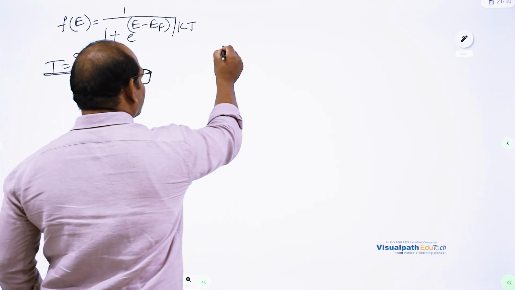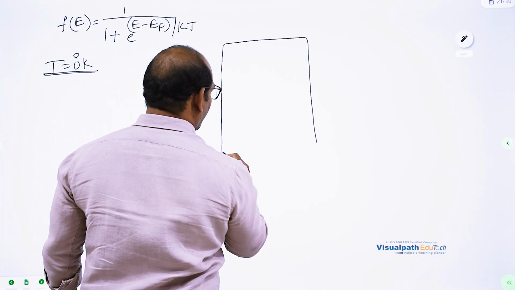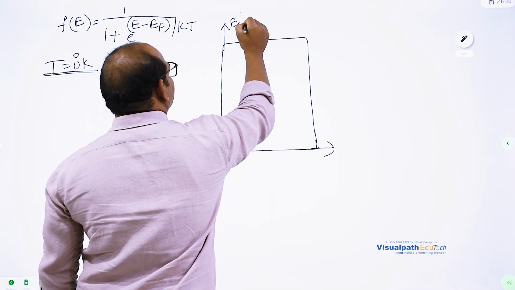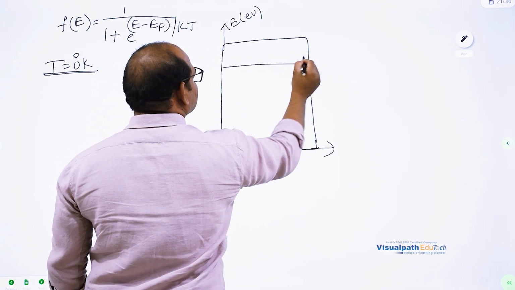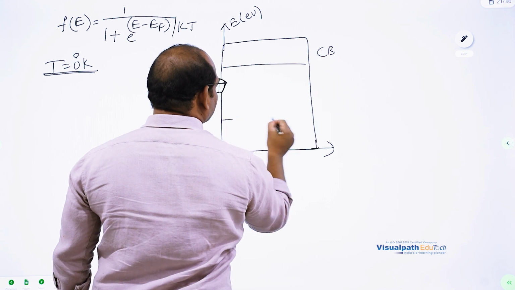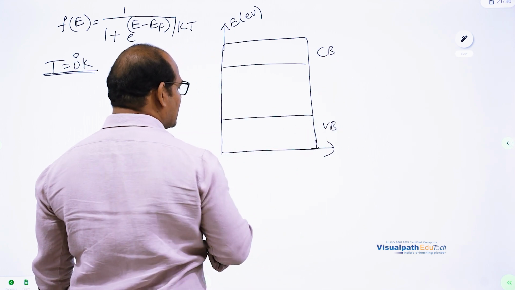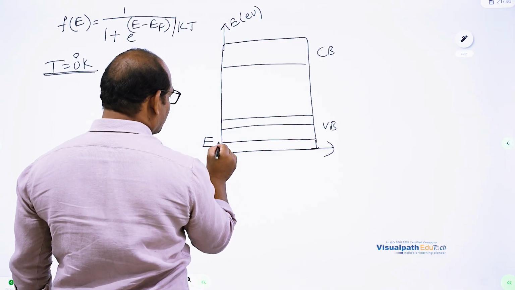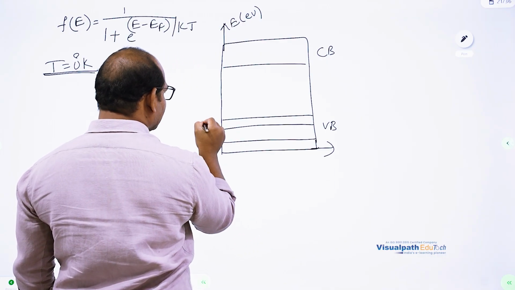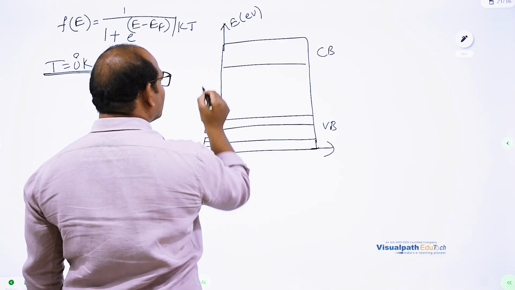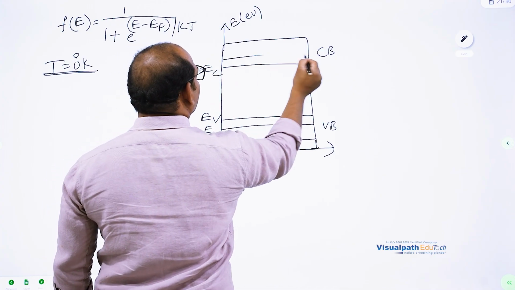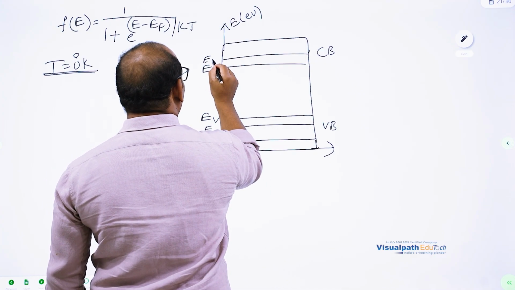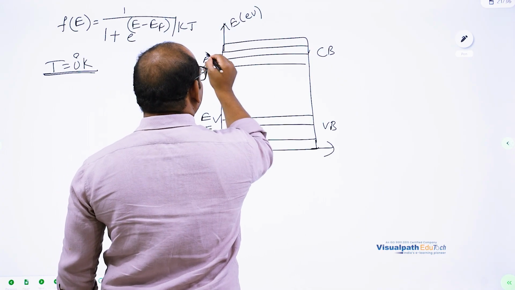So I am taking the intrinsic semiconductor band diagram here. Energy in electron volts. This is the conduction band, and this is the valence band, and here certain energy levels are there. You can take this is E1, this is E2, this is E3, or we can tell it is EV, and it is EC, and you can take some other energy levels like E5, and E6.